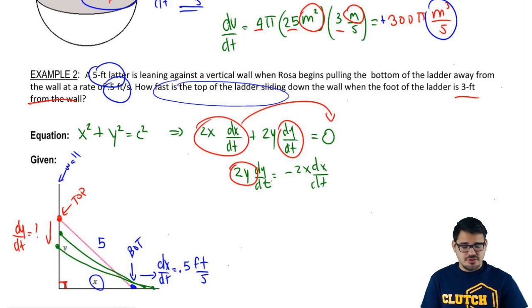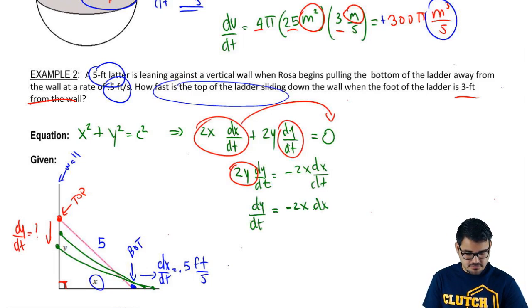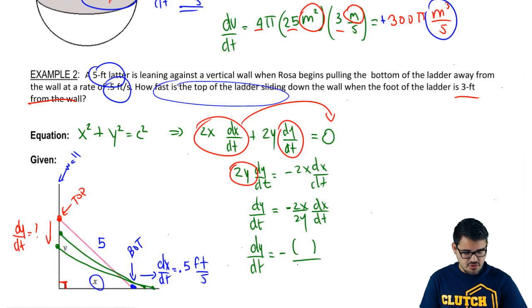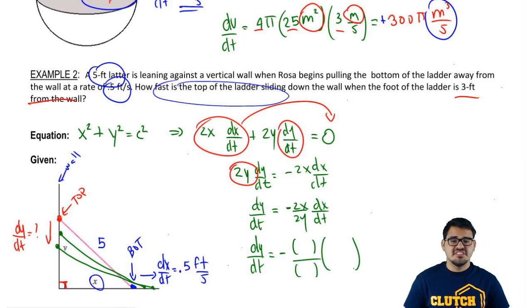So I'm going to divide by that 2y. I'm going to have dy dt is equal to minus 2x dx dt over 2y. Then I can further simplify this. I'm going to have a negative x over y times dx dt, right?